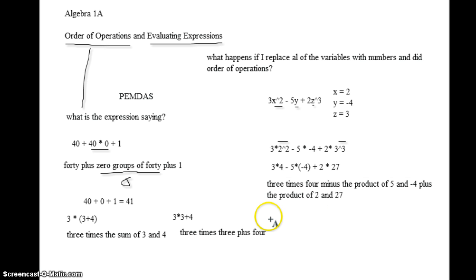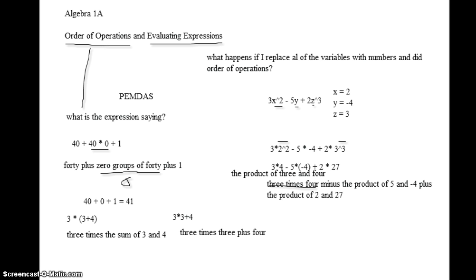You could even replace the beginning 3 times 4 with the product of 3 and 4, which is probably the more proper way to do it.